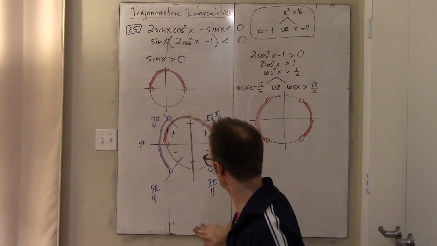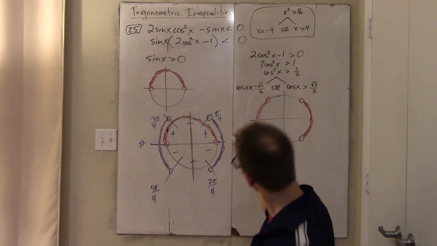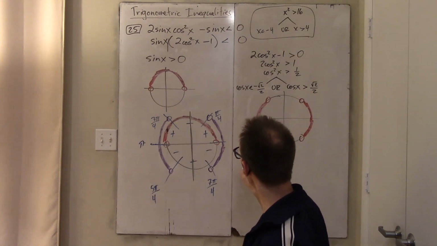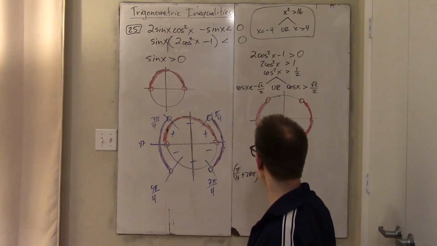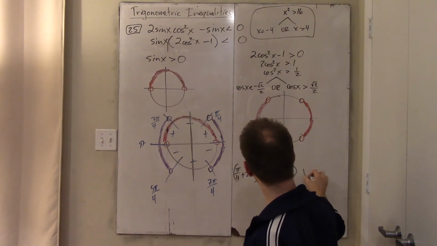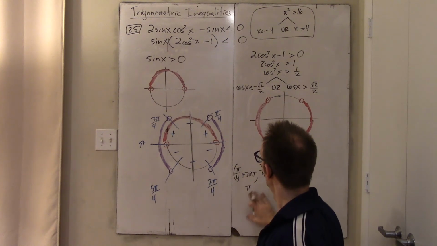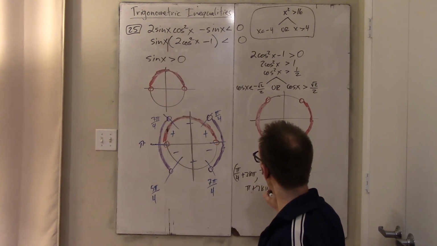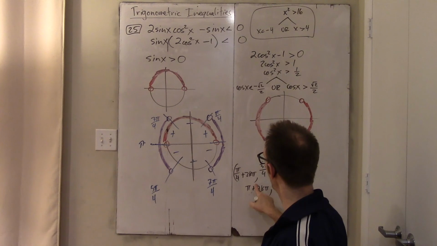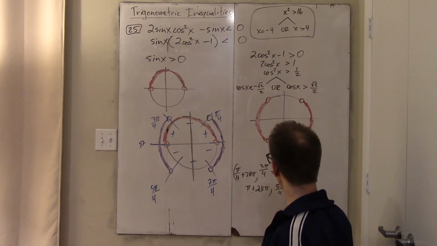Let me just answer the problem in a way that students will find helpful. So, I'll just do the whole thing. When is it negative? We're negative from pi over 4 plus 2k pi to 3 pi over 4 plus 2k pi. And I'm also negative from pi plus 2k pi to 5 pi over 4 plus 2k pi.